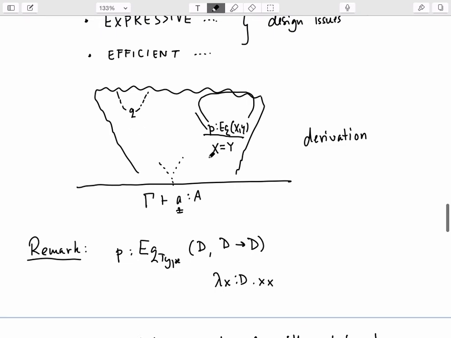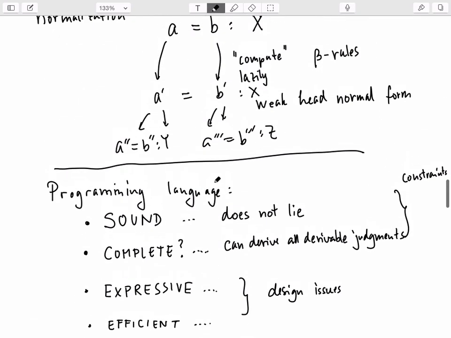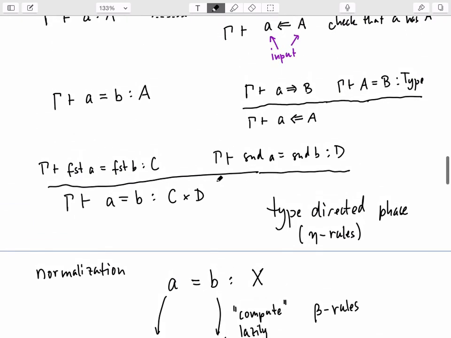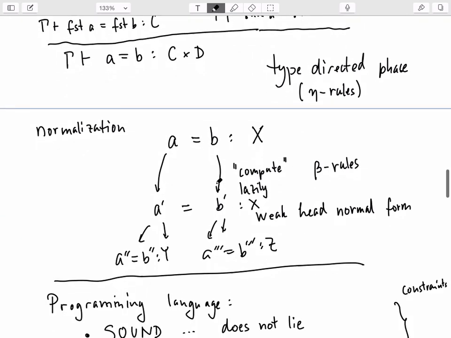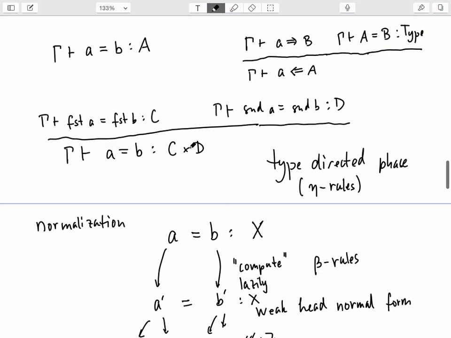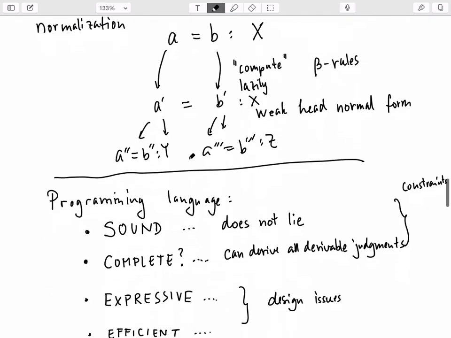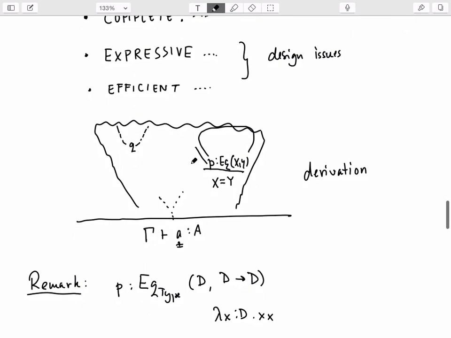Maybe it's code which gets run in many different situations and produces the missing piece according to what the situation is. It could be a piece of code, for example, which performs one of the steps in the type-directed algorithm. It could say, let me check against the type. The type here is a product, so let's try first and second projections. So these could be little algorithms that help me build equality proofs.